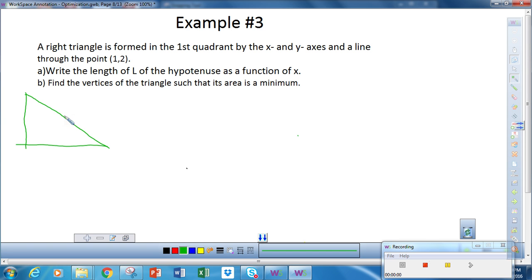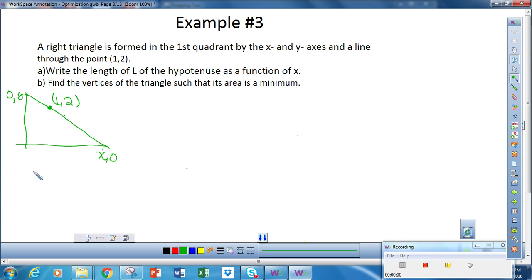And we know that this goes through the point (1, 2). And because it's on the axis, we know that this point would be (0, y), and this point would be (x, 0). Now, the first thing they want us to do is to write the length of the hypotenuse as a function of x.